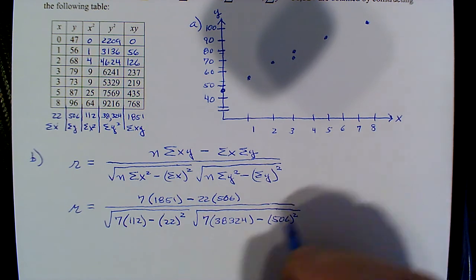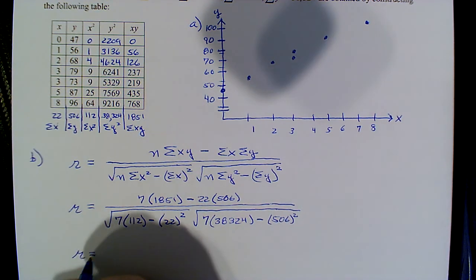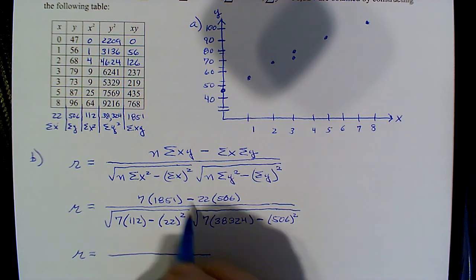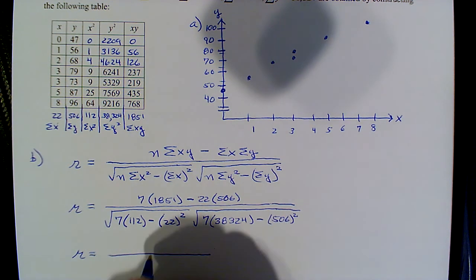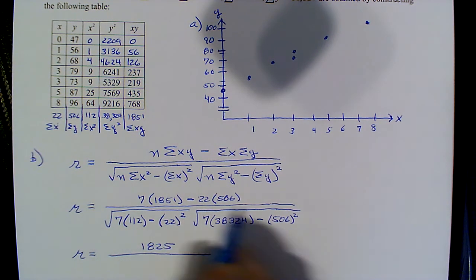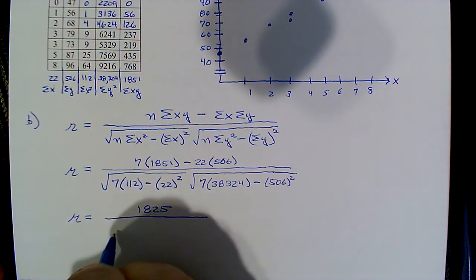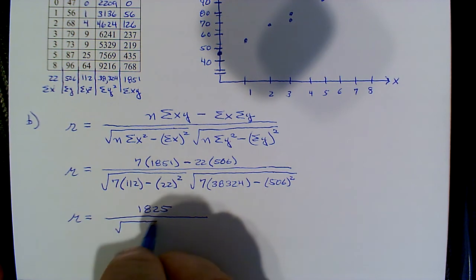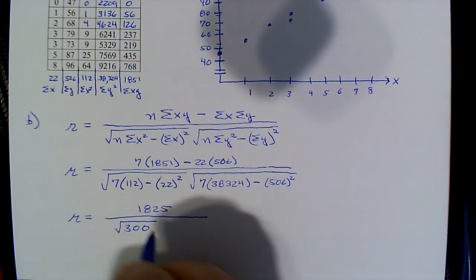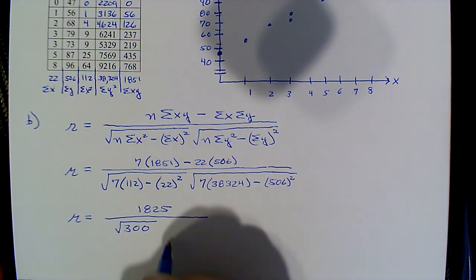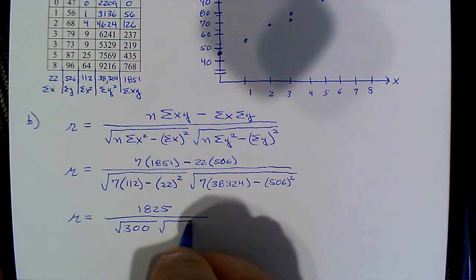Now in terms of the calculation, you might want to take this a little bit slow. Calculate the numerator separately, write it down. That's just a straightforward computation, so check that, it's 1825. And then I would do each square root separately. For the first square root, we get 300 under the radical.